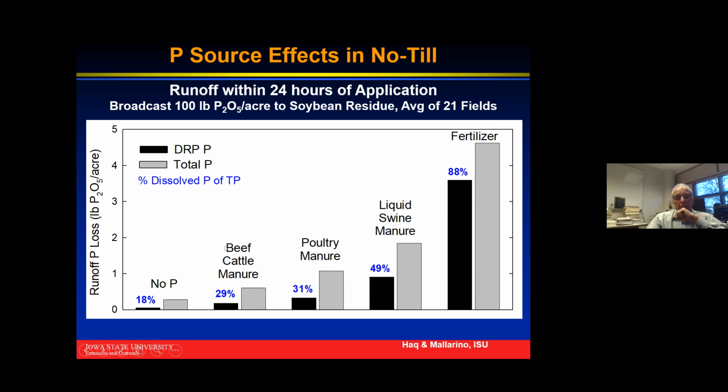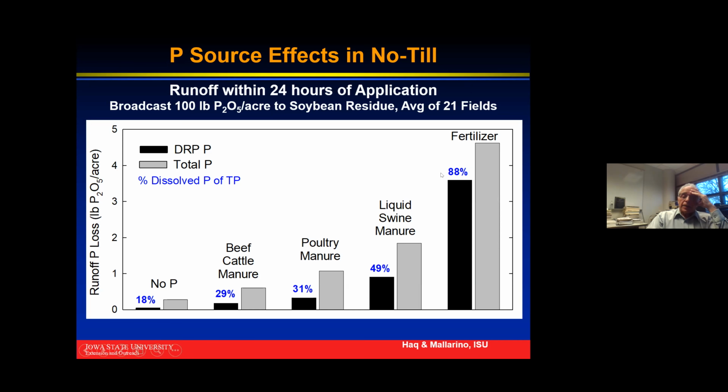The poultry and the beef manure is solid, of course. Okay, so now this is the maximum potential loss because we applied and did the rainfall simulation within 48 hours of the application, okay, 24 to 48 hours.